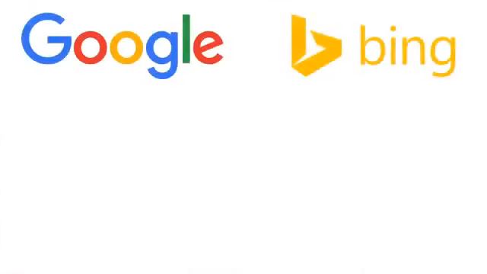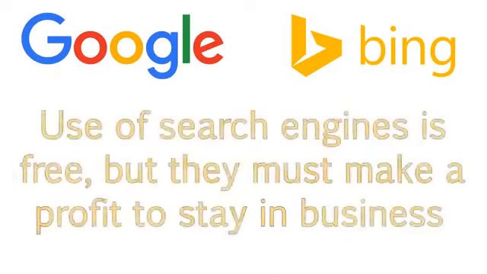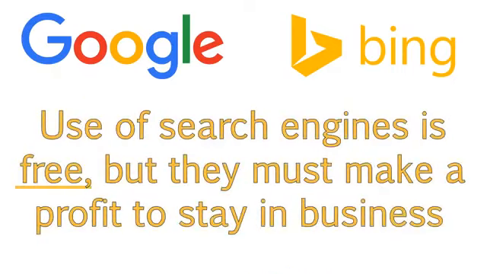Regardless of whether you are using Google, Bing, or another search engine, all search engines have the same goal: to provide relevant information for a user's search query. If search engines cannot provide the results you are looking for within a timely manner, users will go elsewhere for future searches. Remember that while we can use search engines for free, search engines are in the business of making money.